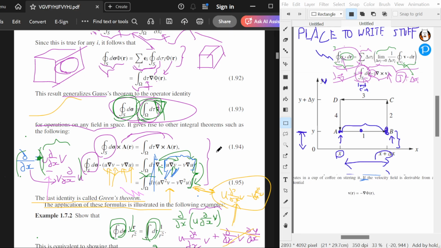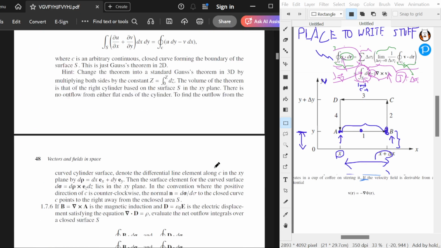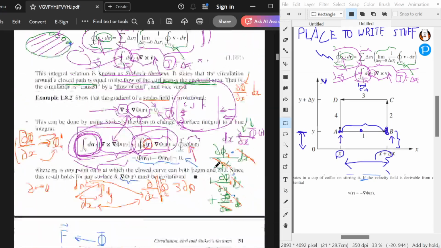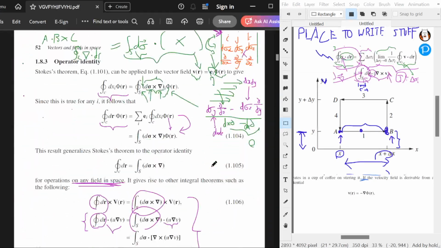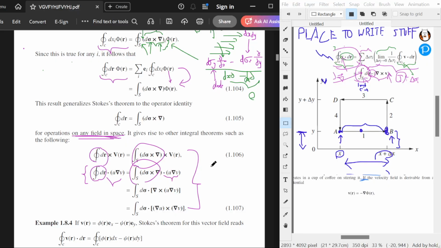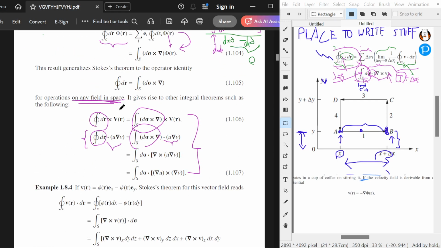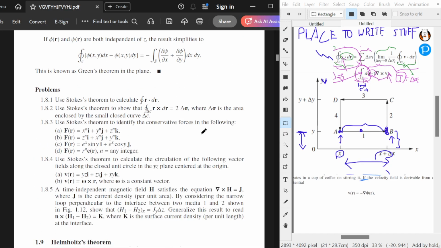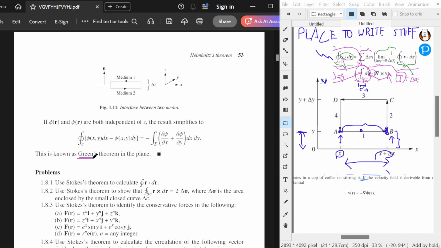Okay, I see. Right now we're just dealing with curves and surfaces. Once we get this, we can get this. Hello, Green. My boy Green is back.